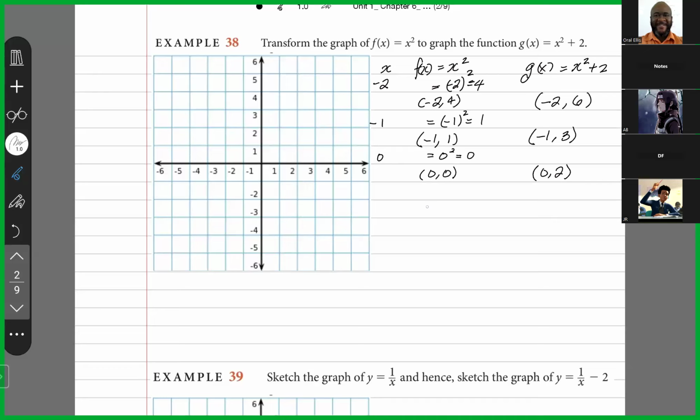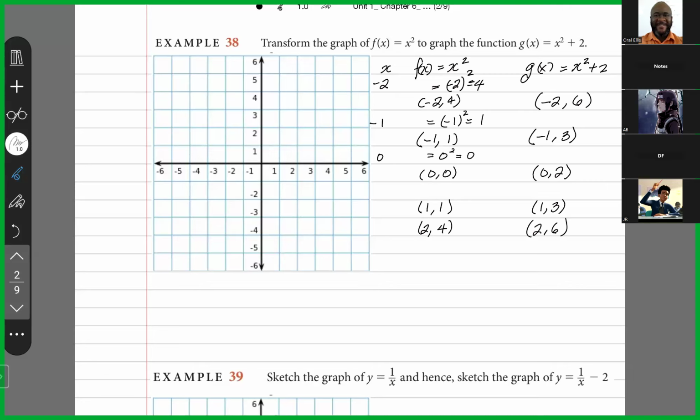All right, similarly, we're going to have the point 1, 1, which is going to become the point 1, 3, and the point 2, 4, which is going to become the point 2, 6. All right. So if we wanted to, we could draw the graph of f of x, but let's start by drawing the graph of g of x.